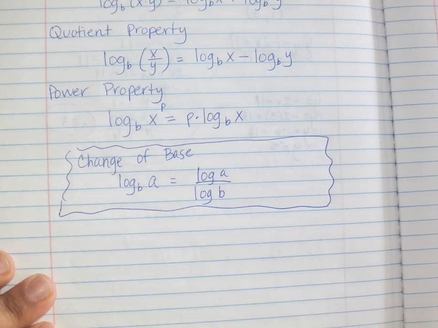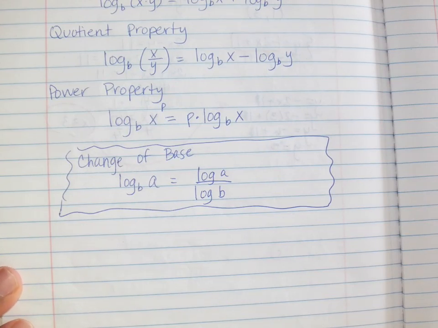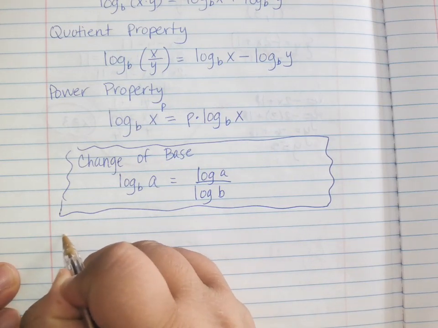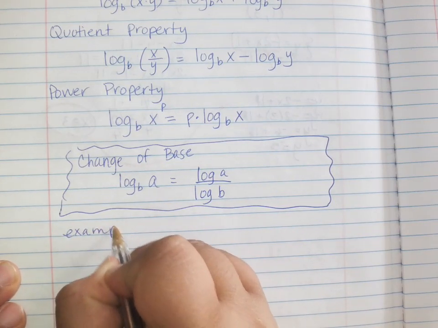So I'm going to show you how to kind of use these properties with numbers. Let me pull up the IXL so I can look at the kind of problems you guys have. Okay, so if I have, let's do some examples.